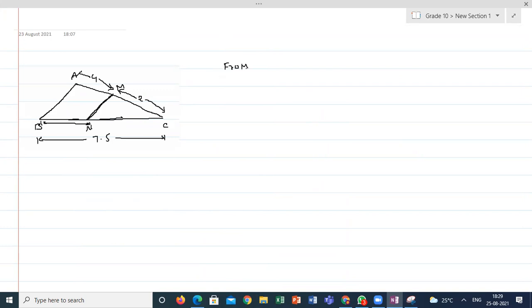From triangle ABC and triangle MNC, angle ACB will be equal to angle MCN. What is the reason, guys? Students, please, how is angle ACB equal to angle MCN? Sanyu, Harita, please. Guys, what is the reason?